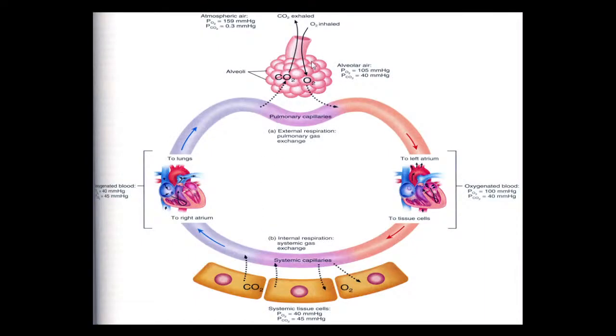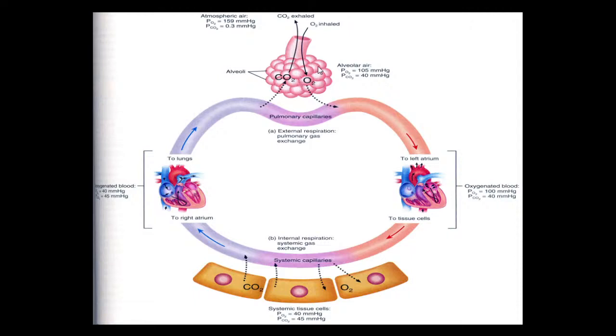So we have on this picture the exchange between gases during the second stage, or second event, of respiration. It's gas exchange in lungs, where oxygen from alveoli comes to blood, and carbon dioxide from venous blood of lungs comes to alveoli and will be exhaled. This is expired during exhalation.